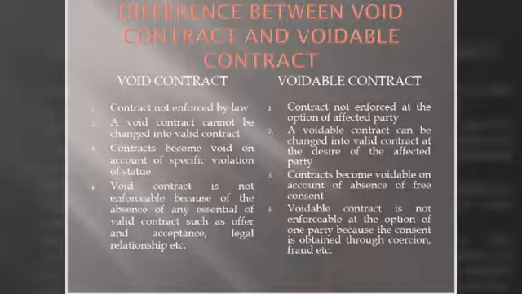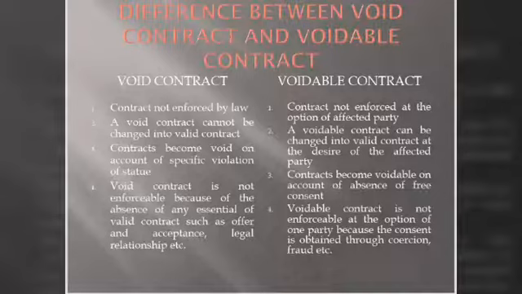Then the fourth difference is that a void contract is not enforceable because of the absence of any essential of a valid contract, such as offer, acceptance, legal relationship. The same thing I have explained in the last difference also. That is, the void contract is not enforceable because any one essential of a valid contract is not present.